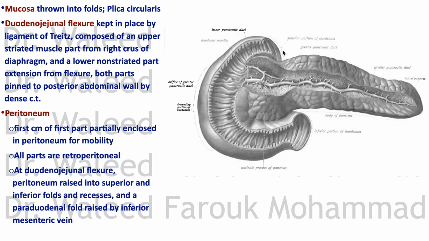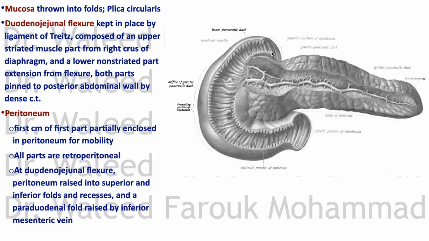It doesn't have a mesentery, but it's enclosed above in the lesser omentum and below in the greater omentum. Remember this because it's the site where the hepatoduodenal part of the lesser omentum is attached. So remember this. It shows in X-rays as the duodenal cap.